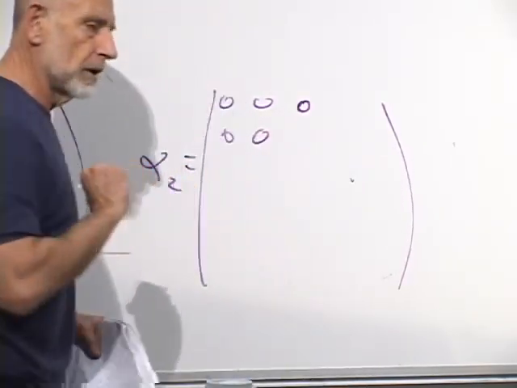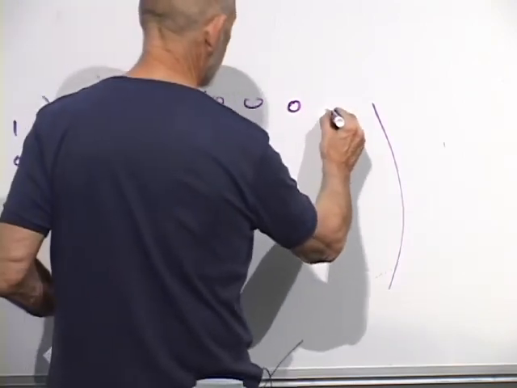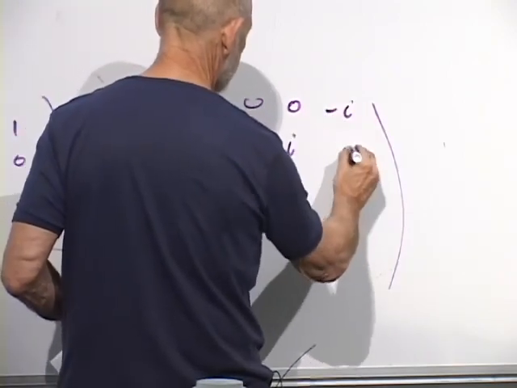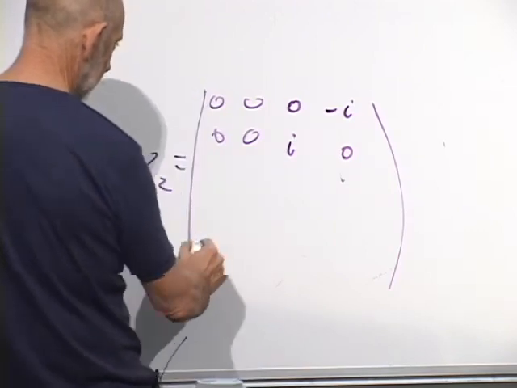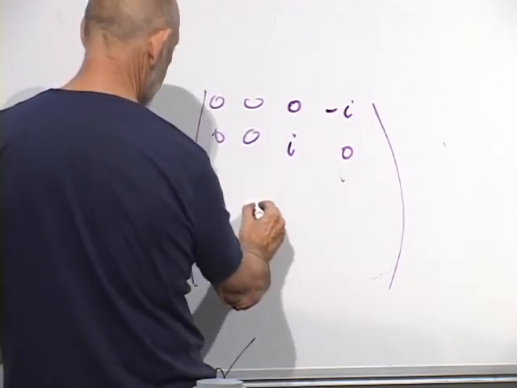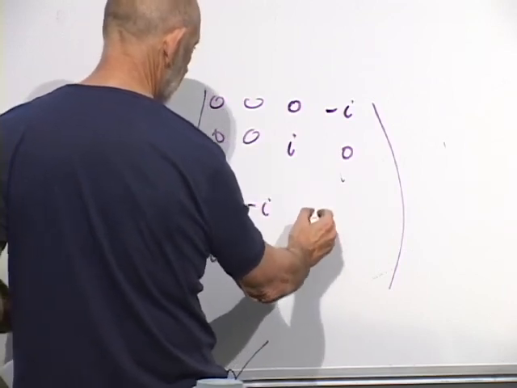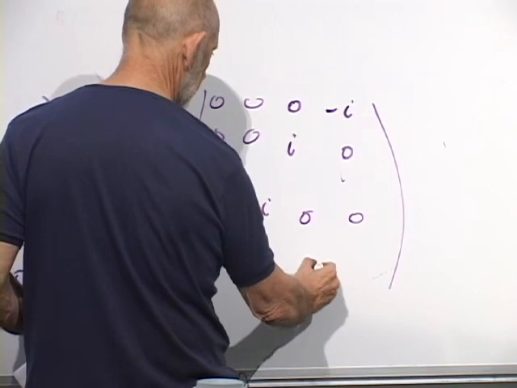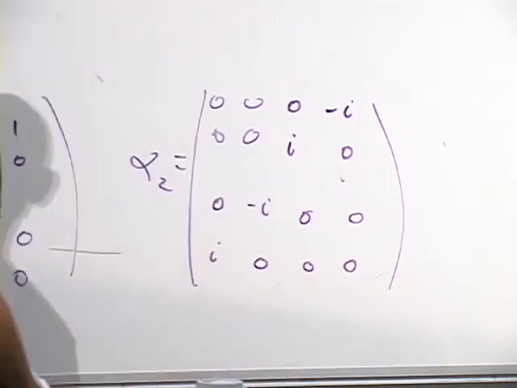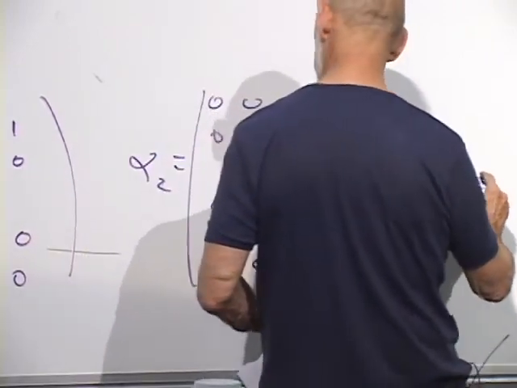Anybody know what comes next? Minus i, 0. And down here we have 0, minus i, 0. And then 0, 0, 0, 0. Alpha 3. Surely you can guess.